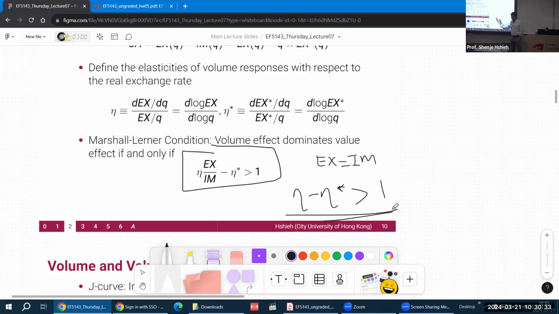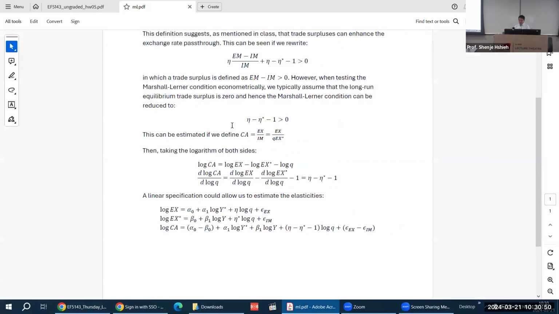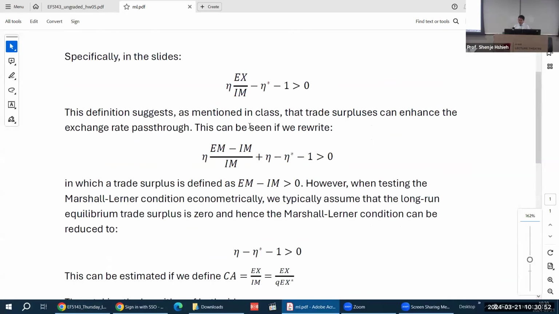In order to be considered current account elastic, the current account being elastic to changes in Q. This can be estimated quite easily. I'm just going to pull up that note that I shared with you on Canvas in the following way.